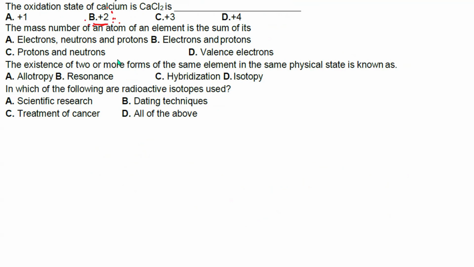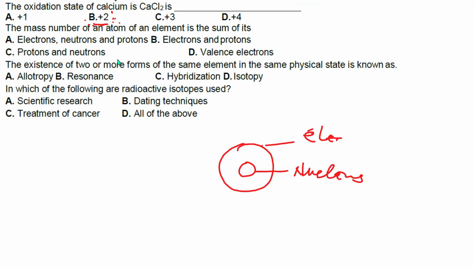The next question is, the mass number of an atom of an element is the sum of what? Remember, in the structure of the atom, we have the nucleus, and in the shell we have electrons. This circle is called the shell, and an electron is negative charge.